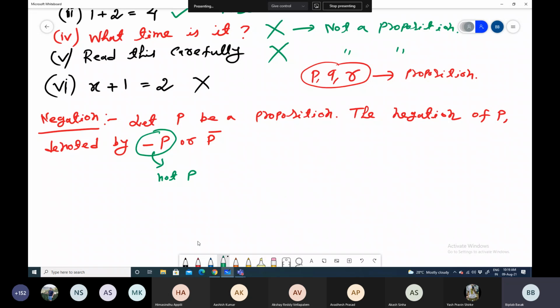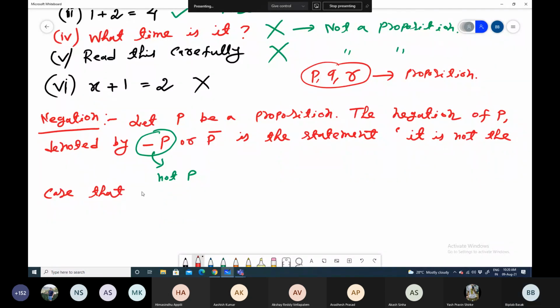So let P be a proposition. The negation of P, denoted by not P, is the statement "it is not the case that P".